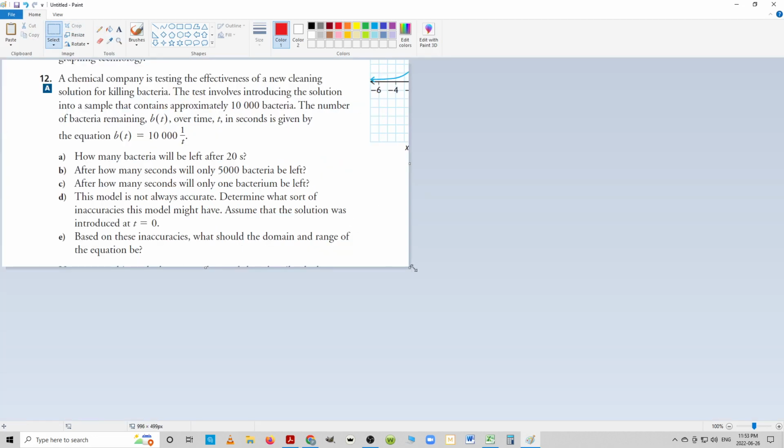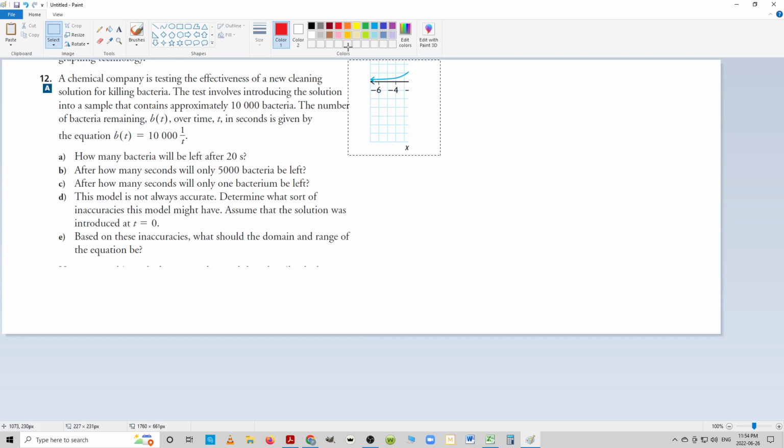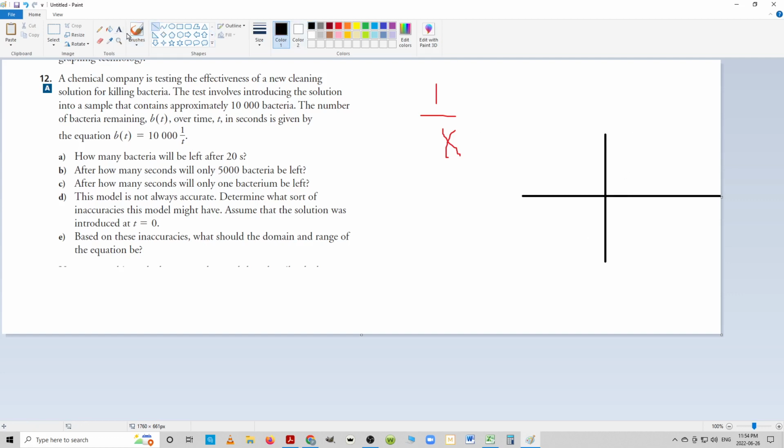But in reality, 1 over t is the same as 1 over x. And 1 over x will produce a graph that's like this, where the right side is positive and the left side is negative.